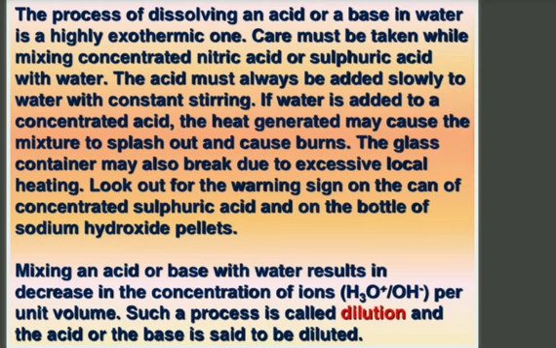Such a process is called dilution. I repeat once again, mixing an acid or base with water results in a decrease in the concentration of ions. It can be hydronium ions, it can be OH- ions per unit volume. Such a process is called dilution.